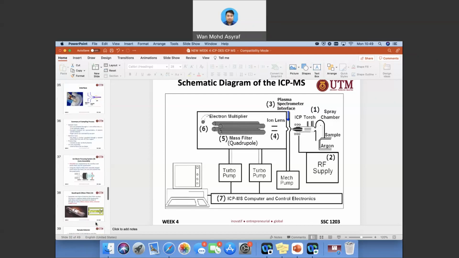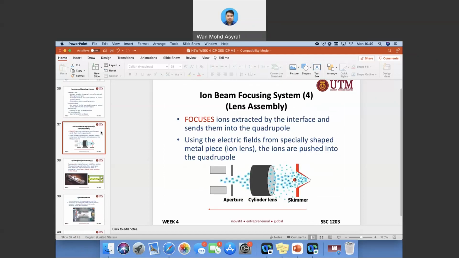The ion lens focuses the ions extracted by the interface, the two cones, and then sends them into the quadrupole. Using the electric field from specially shaped metal pieces, the ions are pushed into the quadrupole. So from the skimmer, going into the cylinder lens, it focuses the ions into the quadrupole.